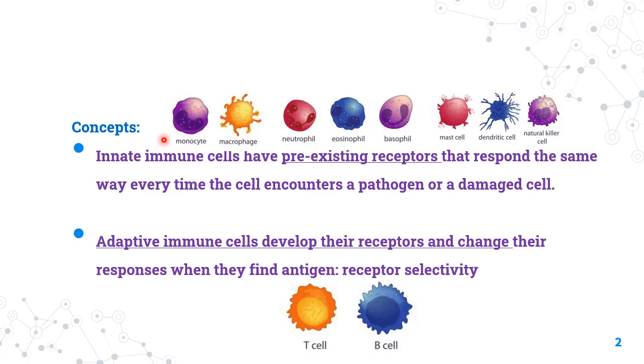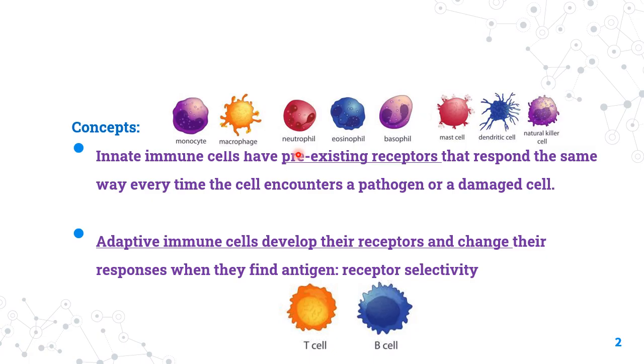Okay, and what that means is that most of those, including here the natural killer cell, this one is from the lymphoid path. So your innate immune cells all come with their already made receptors on their surface. Some of these cells even have receptors inside of the cells, not only on the surface.